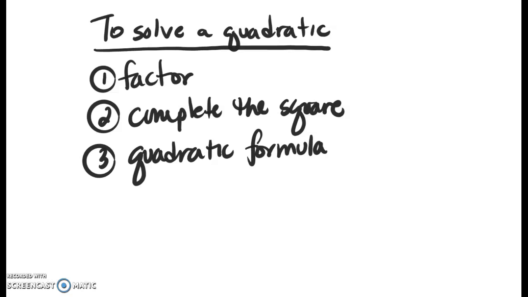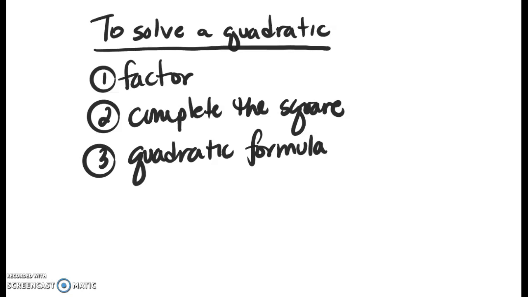Completing the square, again, this does work typically, but it can be very difficult if the a is not equal to 1. And the third one here, the quadratic formula, this one works all the time. So if you want to, you could use the quadratic formula every time you see a second degree equation to solve it, and you'll always get the answer.